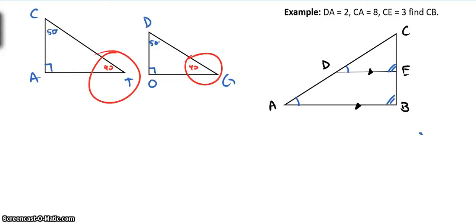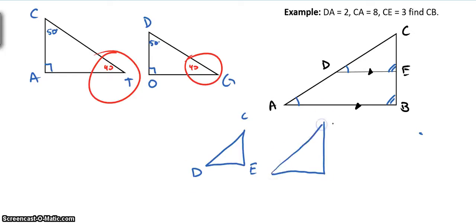So now I have an angle-angle similarity. Now you have to be careful how you look at this. If we have the angle of the little triangle, so I'm looking at triangle CED, and the big triangle, and that's CAB. Alright, we have B and E matching up, and then D and A matching up. So the little triangle is similar to the larger triangle.